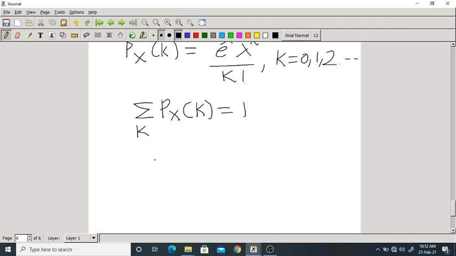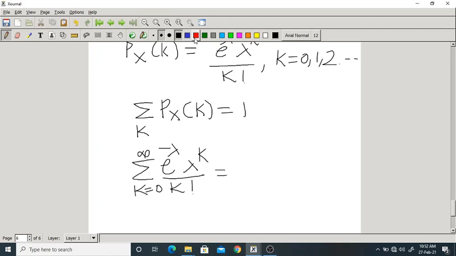So let me write here summation over k. What is P of x of k? This is what we have, e power minus lambda into lambda power k by k factorial. But k varies from where? K varies from 0 to infinity, you can say. Now here e power minus lambda is independent of k.